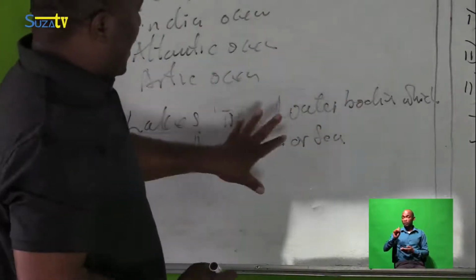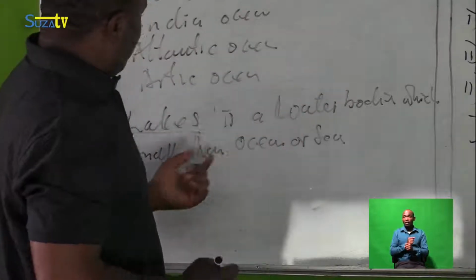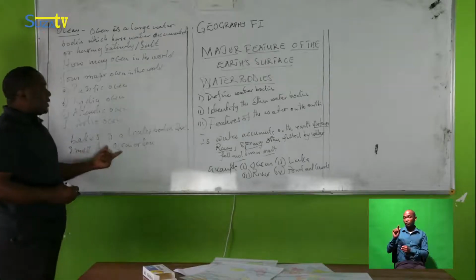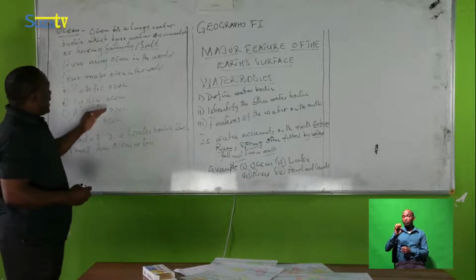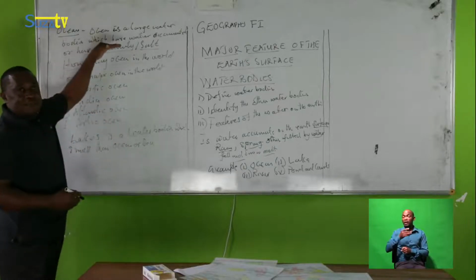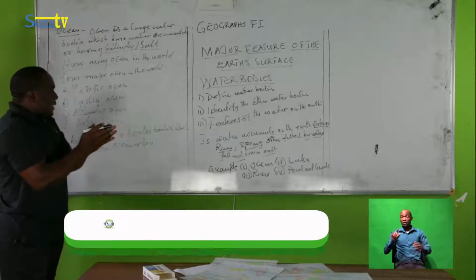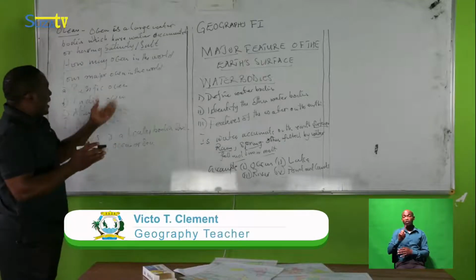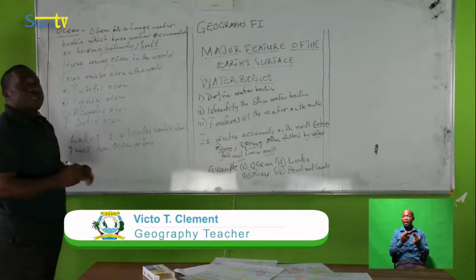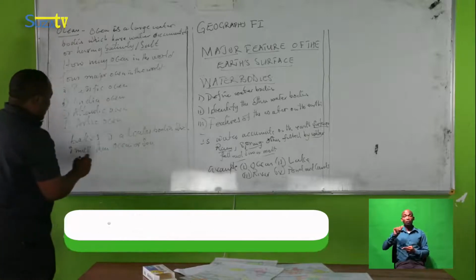When we say a water body which is smaller than an ocean or seas, we mean the ocean is large, but the small one which is not big like the ocean, we can say that is a lake.